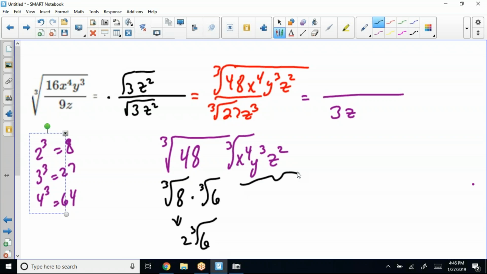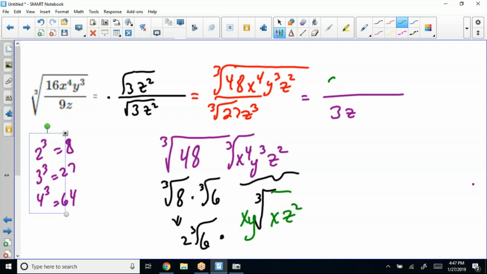Now for this, I could bring one of them out, right? Let me change colors to green. I could bring one x out with one left. I can totally bring out a y, all of them. And then I can't do anything with the z squared, right?